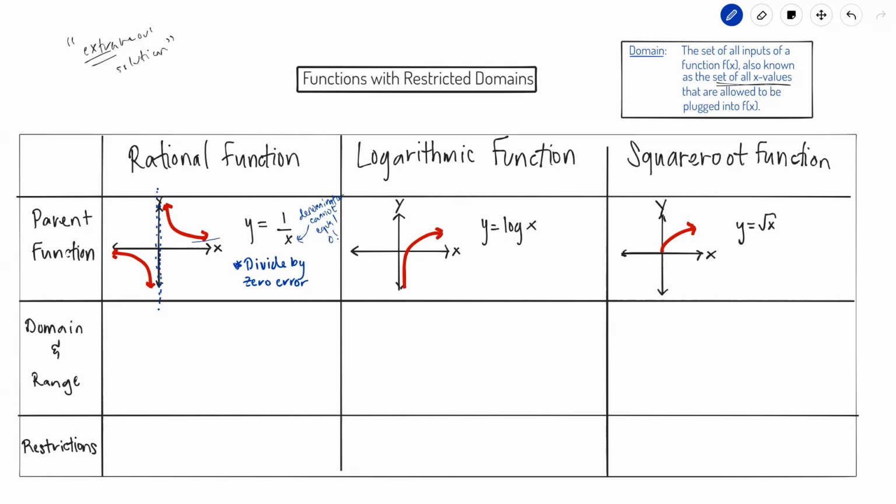It starts over here, but then it has to jump over the y-axis, because that's where x is 0, and it finishes over there. Now we talked about how the domain consists of all of the x values that are allowed to go into our function. And so if we think about this restriction, this literally represents the x values that are not allowed to go into the function.